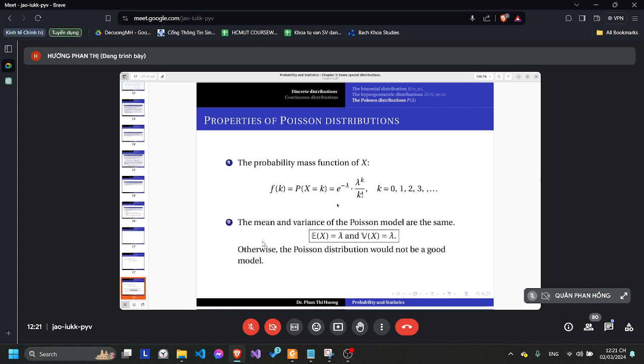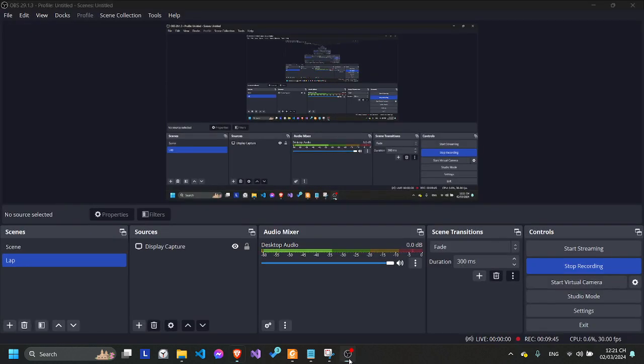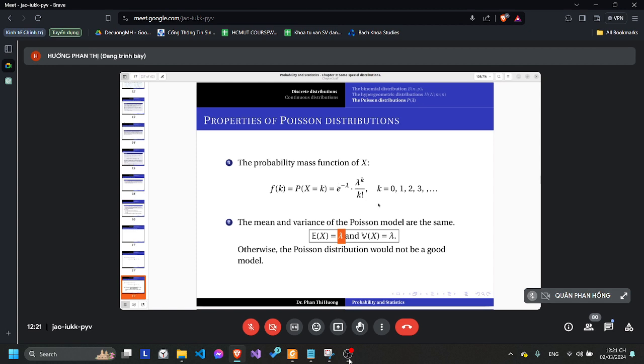And here, the mean value exactly equals the variance and equals the unique parameter lambda. So when you work with the Poisson distribution, it's really important to pay attention to the unit we're using, because lambda indicates the average number of events per unit. Of course, if you use different units, then you have a different parameter lambda. So you need to recalculate lambda if you use different units.